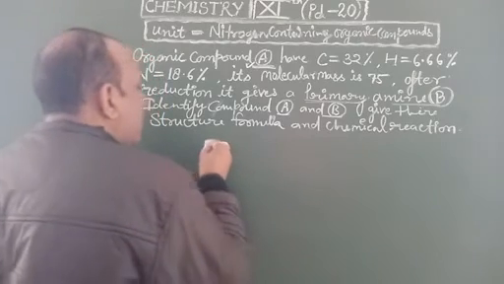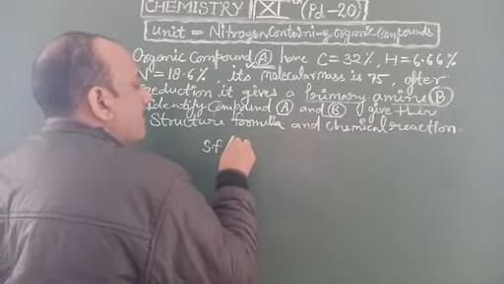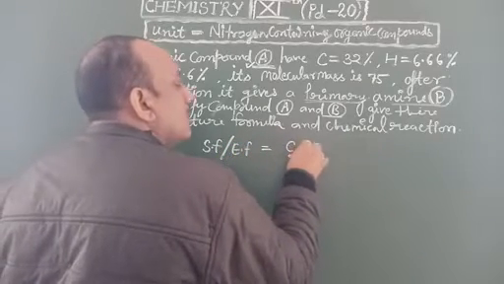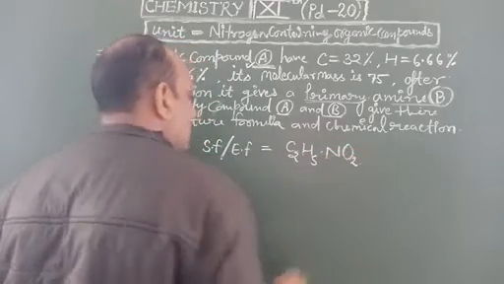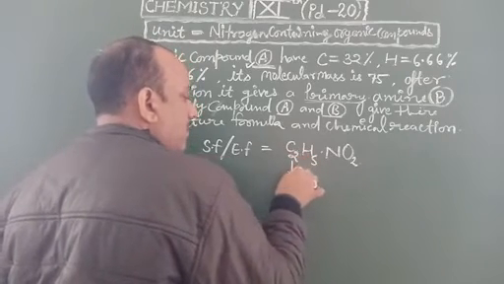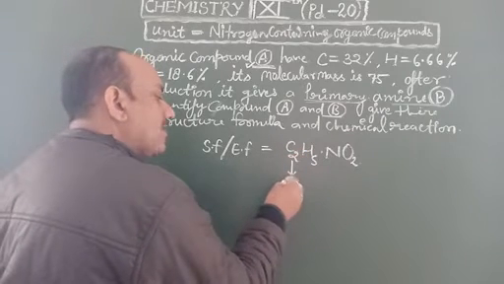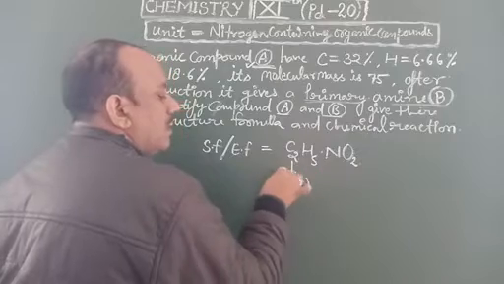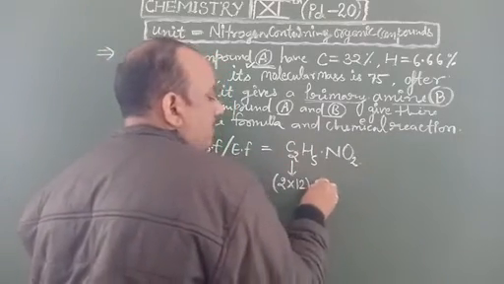With the help of the empirical formula or simple formula, we find out the value of the simple formula weight. Here 2 carbons are present, so 2 into 12, because the atomic mass of carbon is 12.